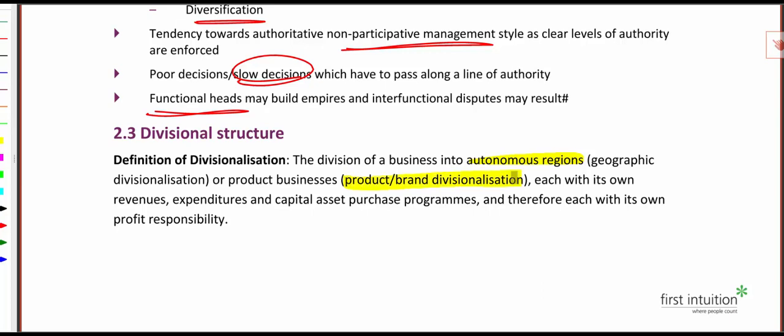So you might have, for example, a division for your homeware and a division for your groceries if you're a large supermarket. Each with its own revenues, own expenditures, own capital asset purchase program. So all responsible for costs, revenues, and capex items.